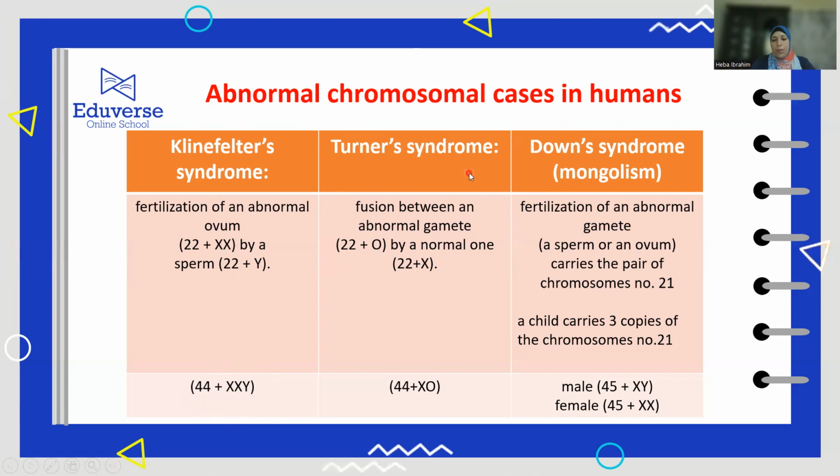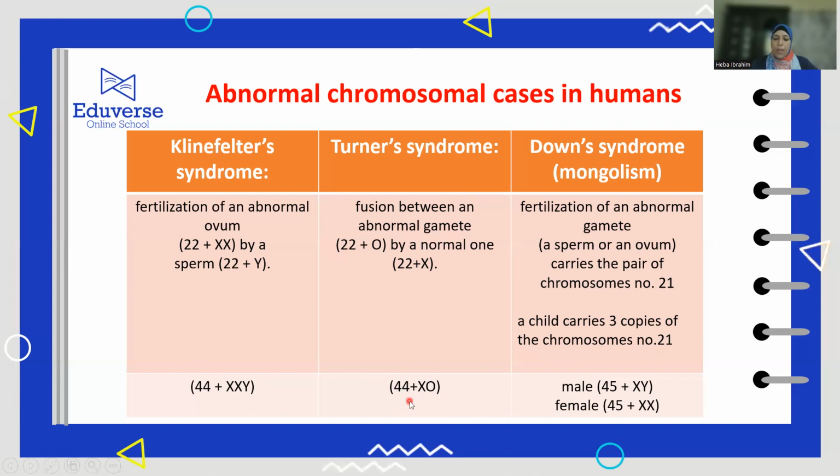What about Turner syndrome? This syndrome is produced as a result of combination between an abnormal gamete, which is 22 plus 0, there are no sex chromosomes, due to a disturbance that takes place during the formation of gametes, mainly during meiosis, and a normal gamete, yani 22 plus X. The chromosomal structure produced from the combination between these two gametes will be 44 plus X0.